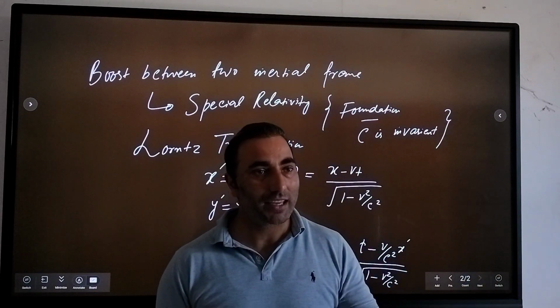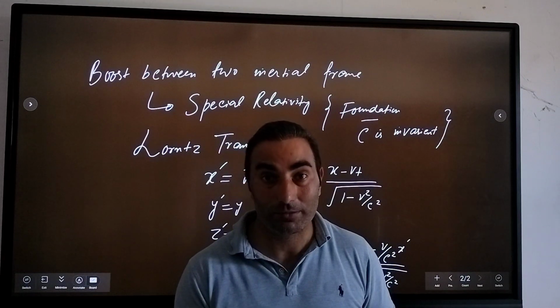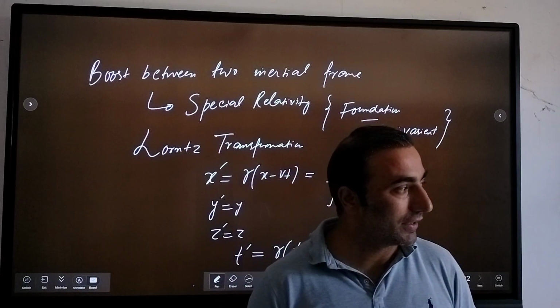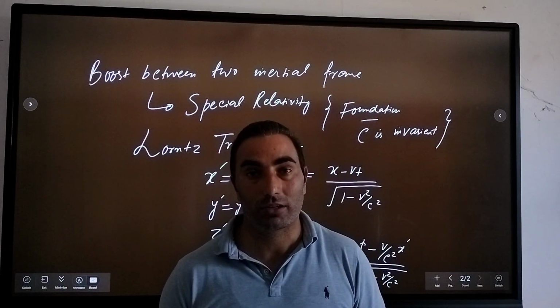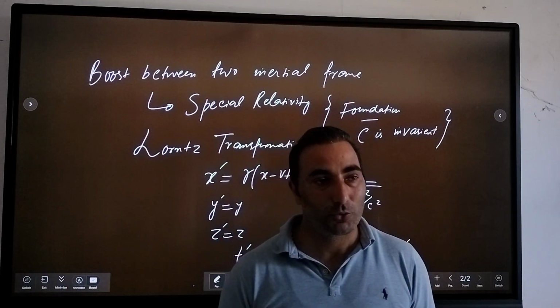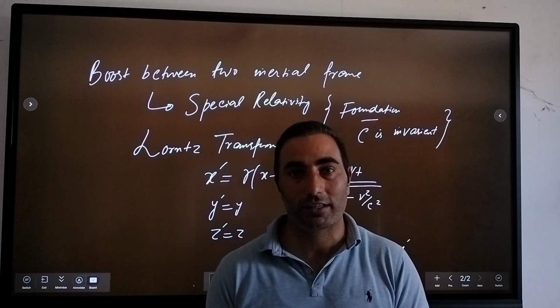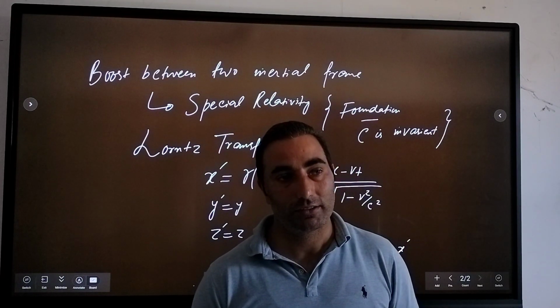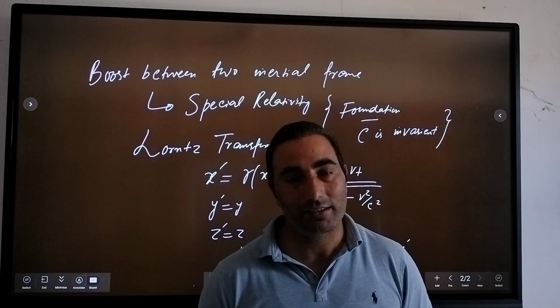In maybe lecture number one, we defined how a scalar is defined when we transform from one coordinate system to another. If some quantity remains invariant from one frame to another, that quantity is called a scalar, or an invariant quantity.